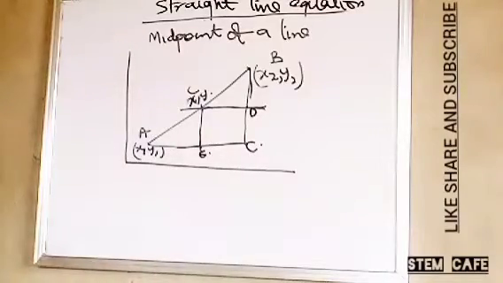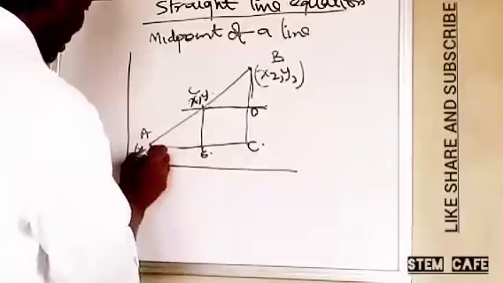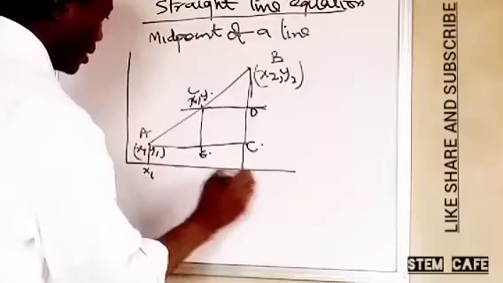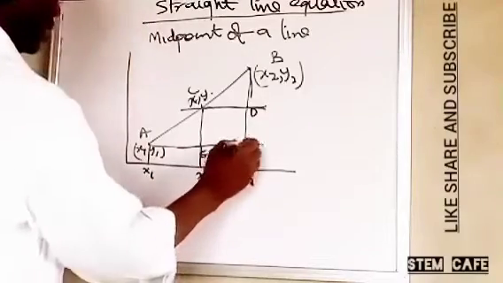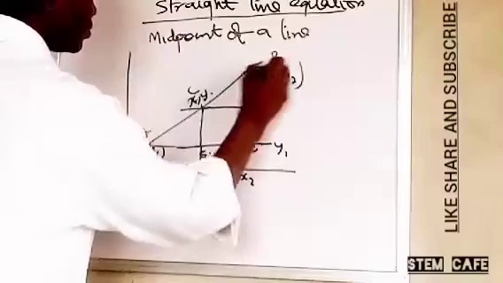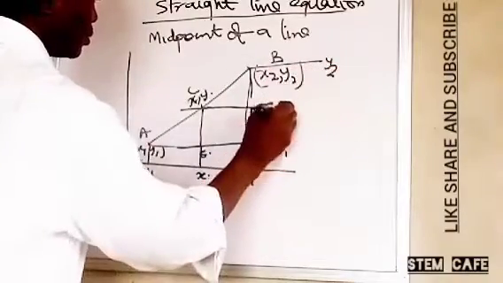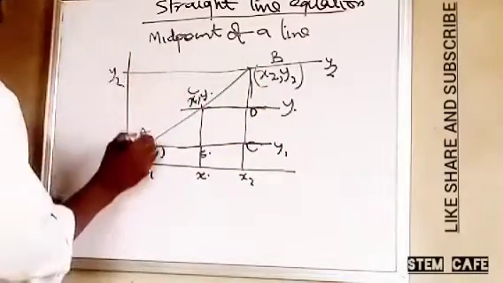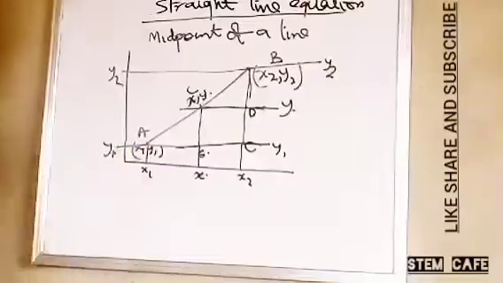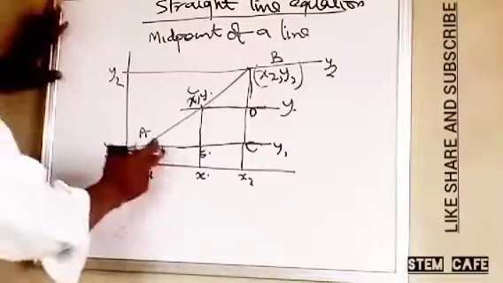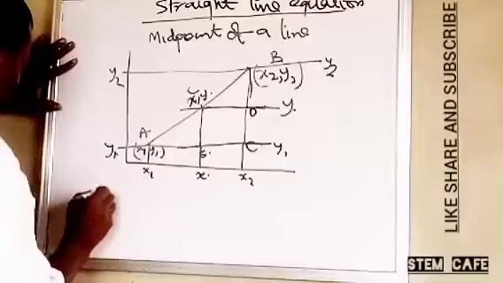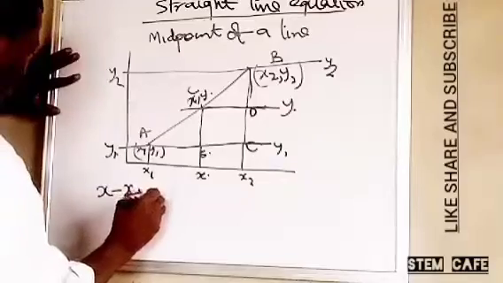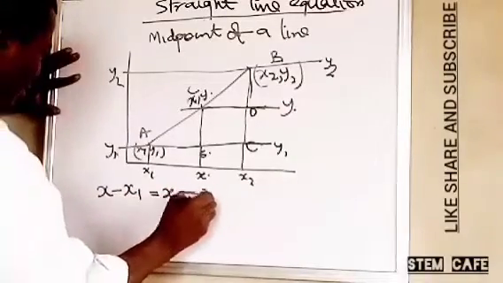So now we can see that this place is x1, this place is x2, and this place is x. In the same way, y1, y2, y. It means that x minus x1 is equal to x2 minus x.